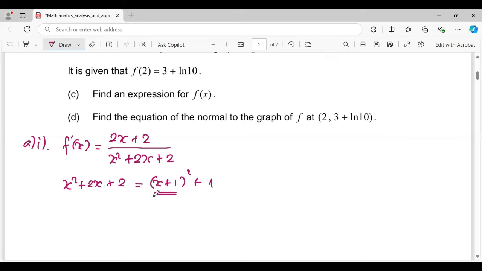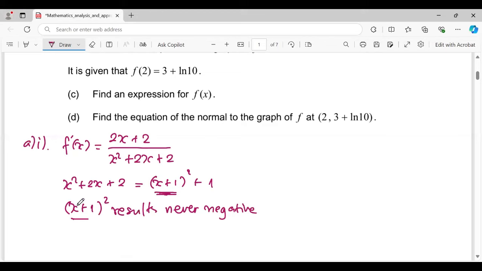Regarding this term, (x + 1) squared, if you substitute x with a negative number, with positive numbers, or with 0, the result of this term is never negative.